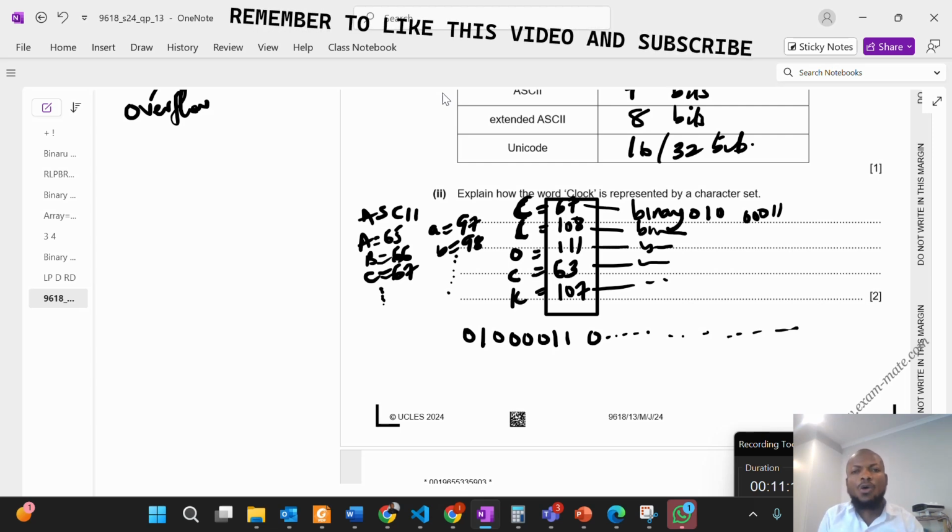So this is how clock is represented by a character set, whether it's ASCII, extended ASCII or Unicode.